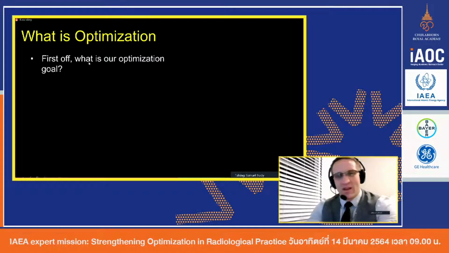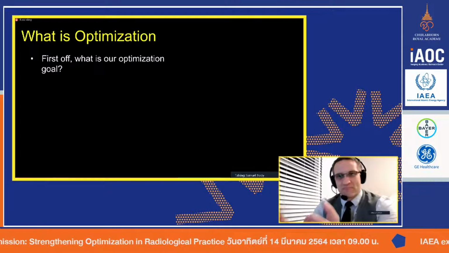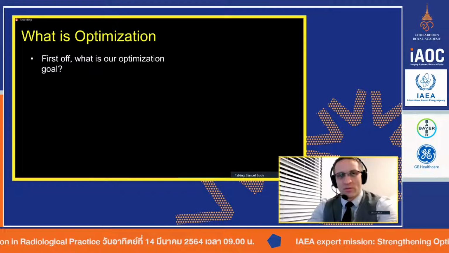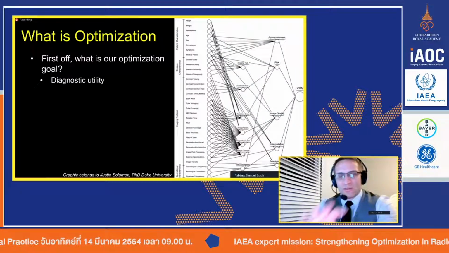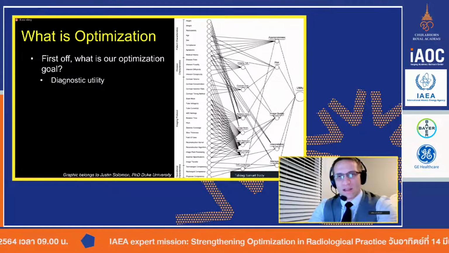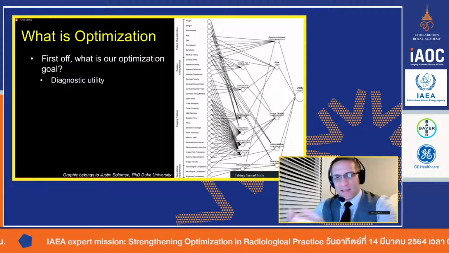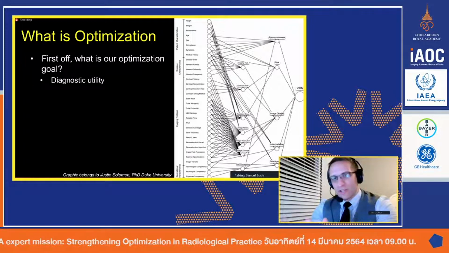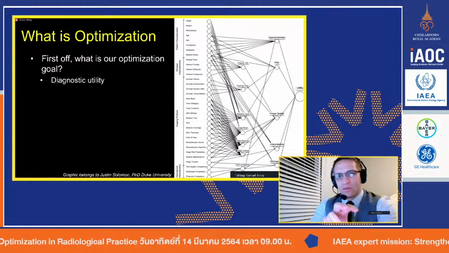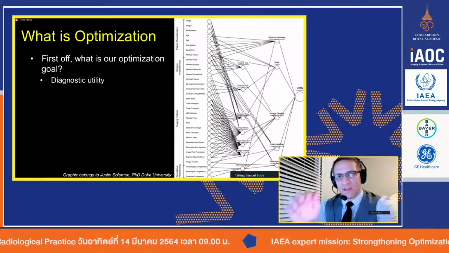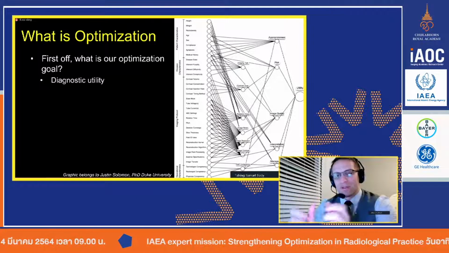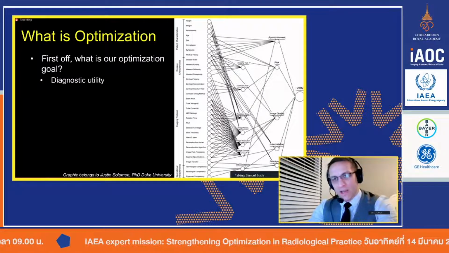The very first thing we need to describe and have a conversation about is what our optimization goal is. There is a little flow chart right here, actually more of a web integration chart, on the right-hand side. It may seem very complex and hard to read because when we talk about creating an image for interpretation by radiologists, these are all of the steps and aspects, the various components and parameters that we need to get correct.